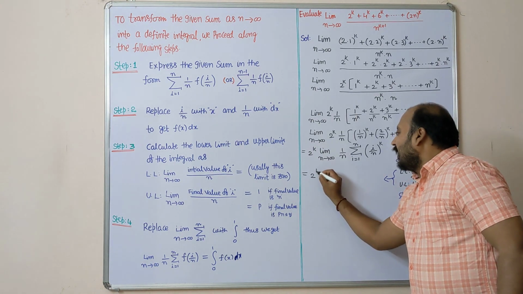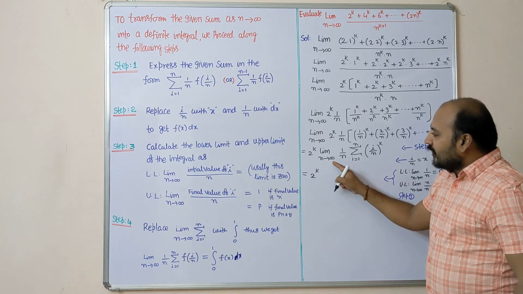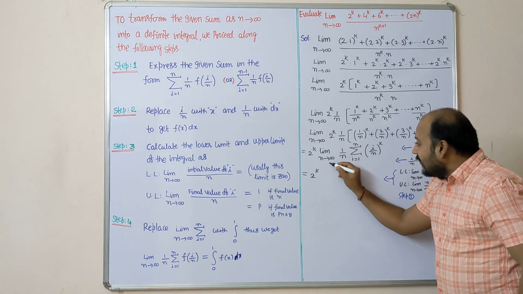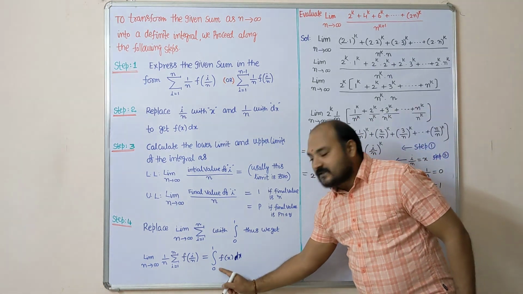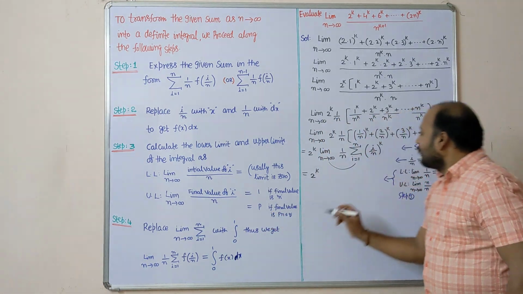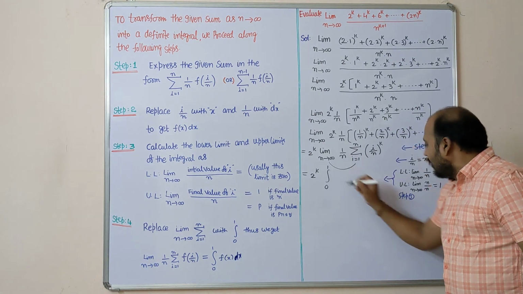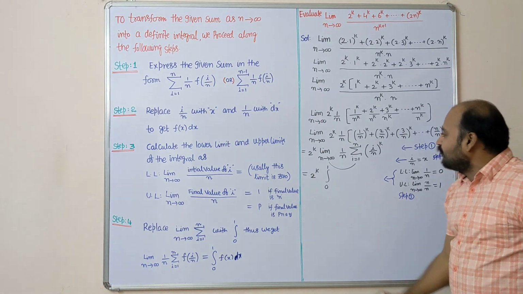So 2^k, limit n tends to infinity, 1 by n and sigma. These two will become integral 0 to 1, lower limit to upper limit. Here lower limit is 0, upper limit is 1.